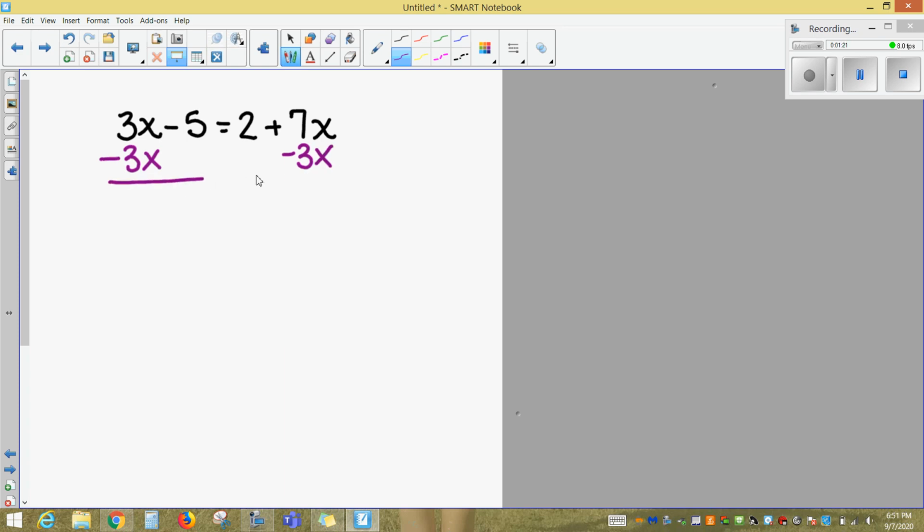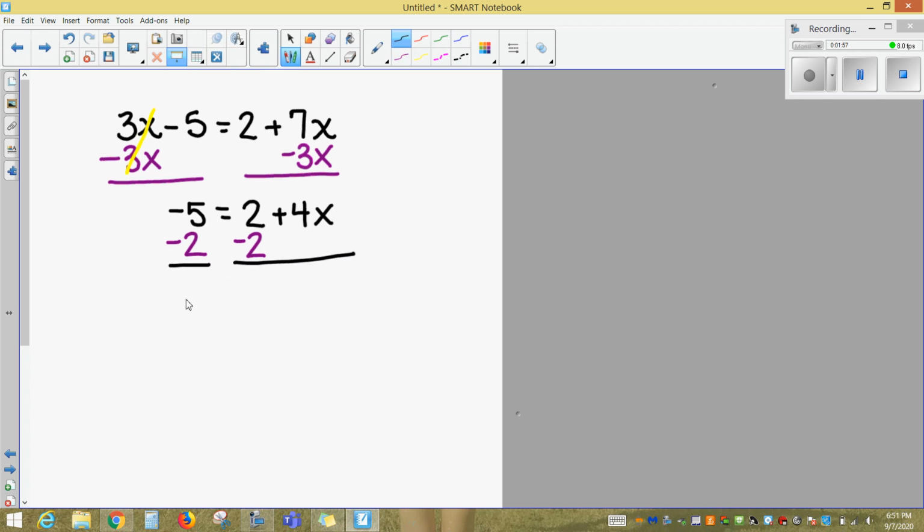If my goal is to get the x's together, then I can undo a 3x with a negative 3x. That means the x's on the left side are gone, and we just have negative 5 equals 2 plus 4x. If I went to the right side with the x's, then now I have to unhook this 2 to get the 2 away from the 4x term. So again, I can use subtraction.